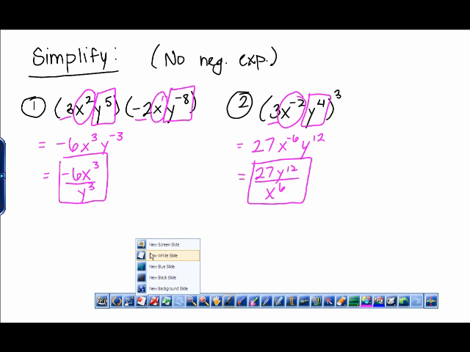Okay, still simplifying, let's do a radical problem. Let's say we have square root of 18 plus the square root of 50. And I don't want a decimal answer here. I'm just wanting to simplify it. So this is something you should be able to do without a calculator.